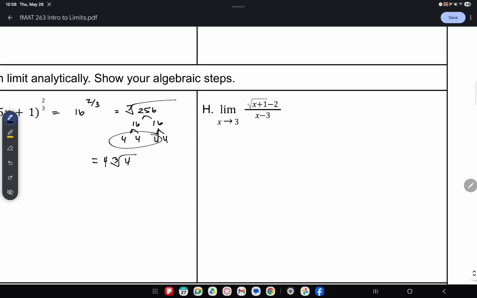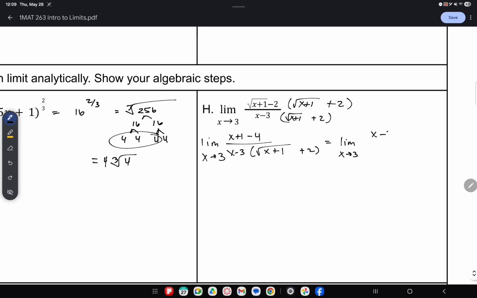Alright, if I substitute in 3, I get a denominator of 0, and I don't want that. But I see a square root in here, so let's go ahead and try it and rationalize. So square root of x plus 1 plus 2. So I get the limit as x approaches 3. That numerator is going to be x plus 1, and then minus 4 over x minus 3 times that rationalization.